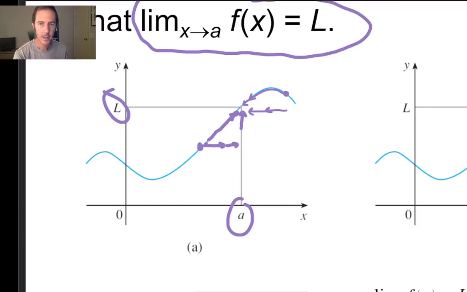All I'm saying is that the y values are trending toward L as we push our x values in from the left and in from the right.